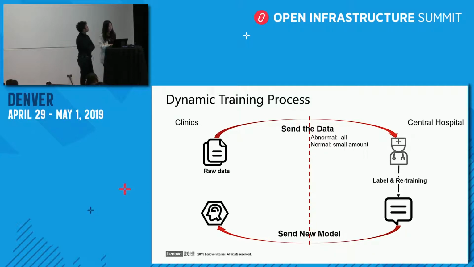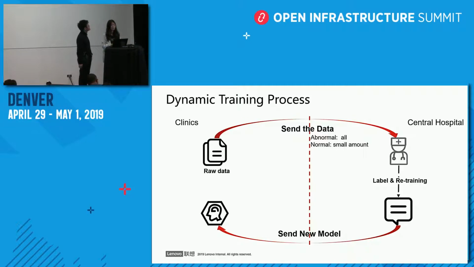Involving the deep learning models, we should go through the dynamic training process. It can help improve the diagnosis accuracy step by step. In the edge, we collect the data and send it back to the cloud. And in the cloud, we retrain the model once we get more labeled data from the doctors.